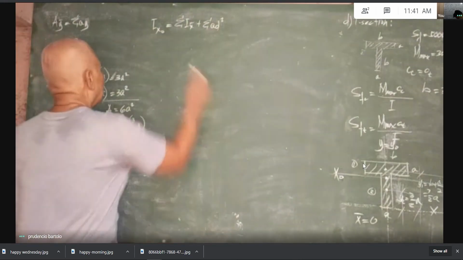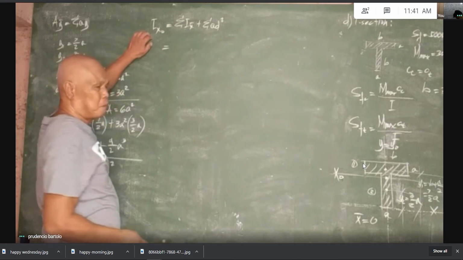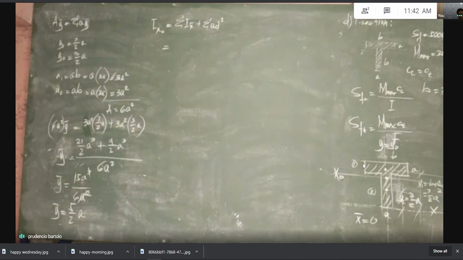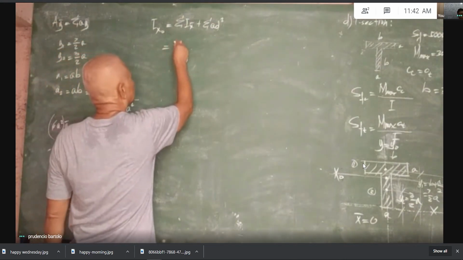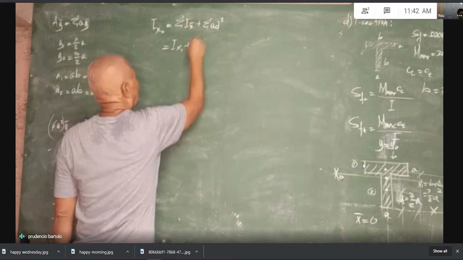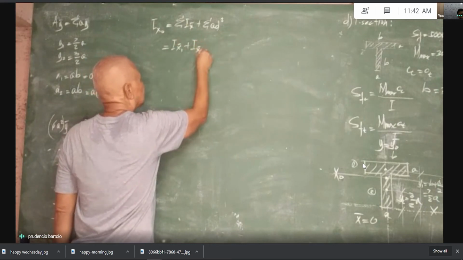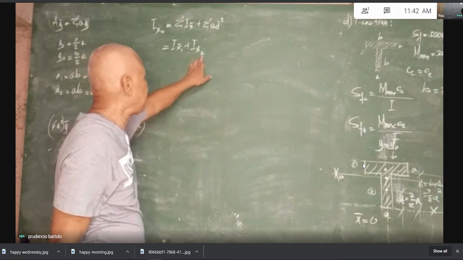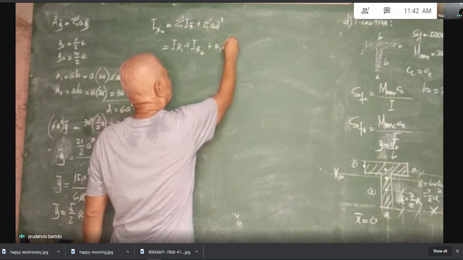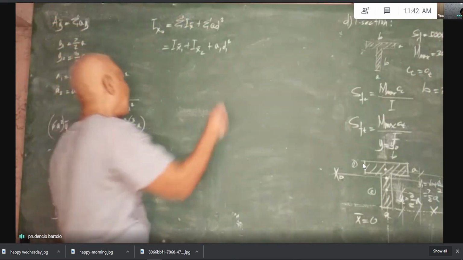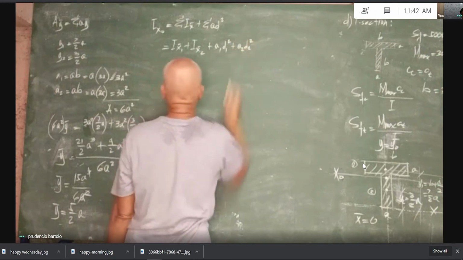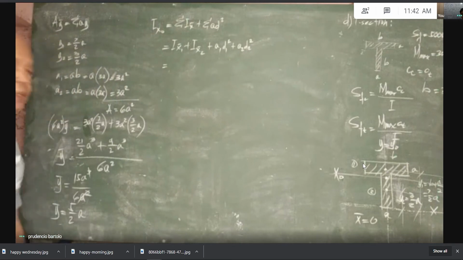So meaning to say, our centroidal moment of inertia is equal to I bar x1 plus I bar x2, figure number 1, figure number 2, plus A1 D1 squared plus A2 D2 squared.